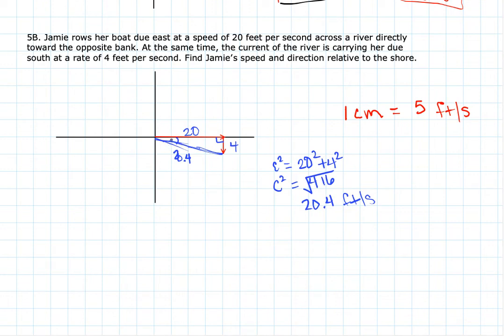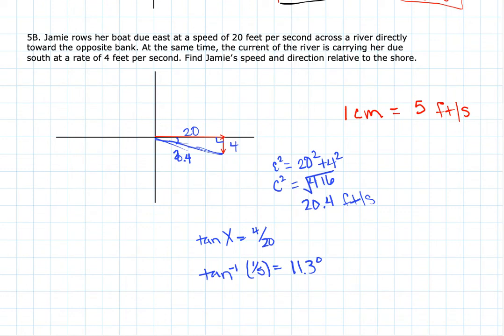I will use opposite over adjacent, so tangent of x equals 4 over 20. Then I will have to use the inverse of that. I'll throw that in my calculator real quick, and I get about 11.3.